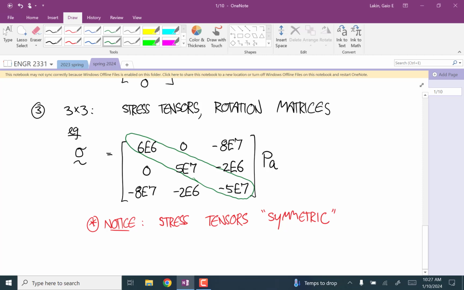All of the elements are equal if you think of them as being reflected around that line, okay? So this is equal to this. This is equal to this. And this is equal to this. That's not true for rotation matrices, but that's going to be an important fact for stress tensors.